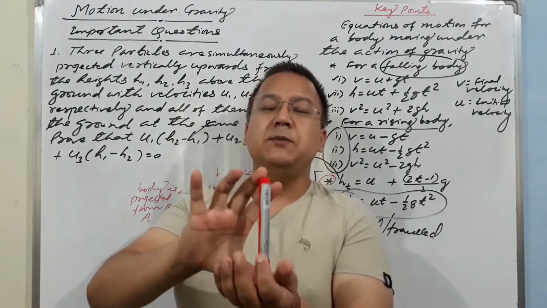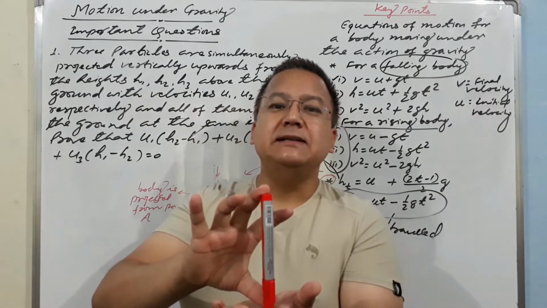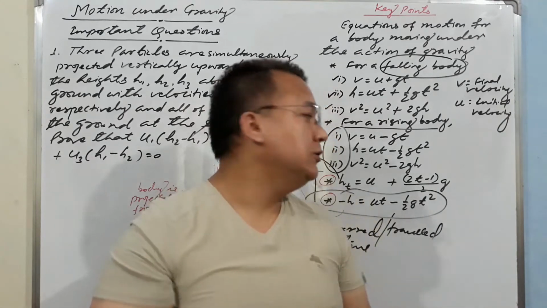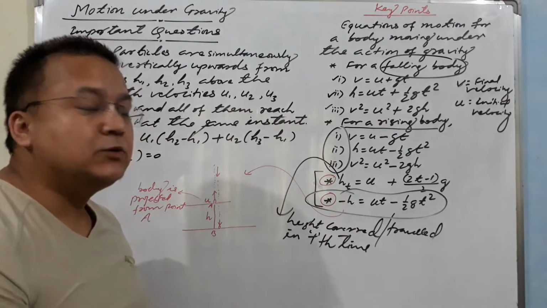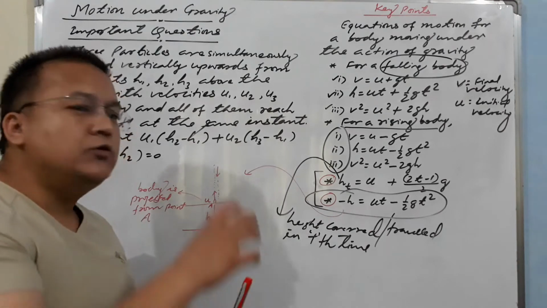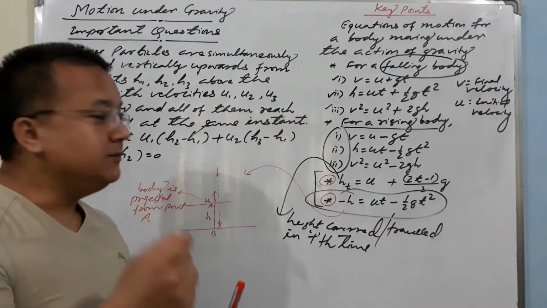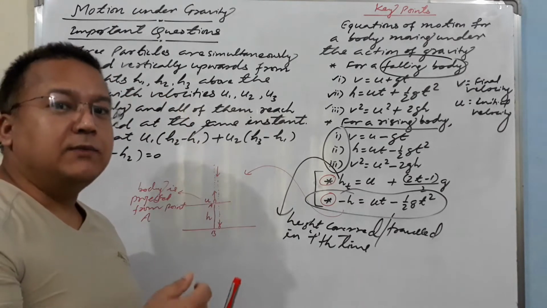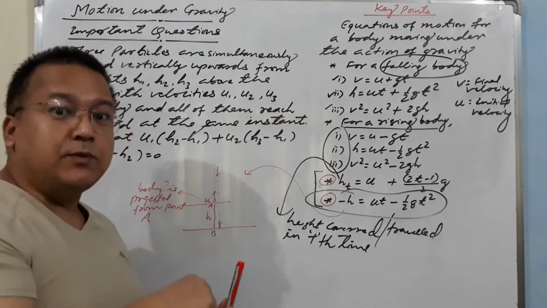Ultimately this will be equal to the height h, your ultimate displacement, right? For this we need to use this formula: minus h is equal to ut minus half gt square. Why do we use minus h? Because it goes just opposite to the point of projection, right? Because we projected in the upward direction, but finally it covered the distance just below the point of projection.